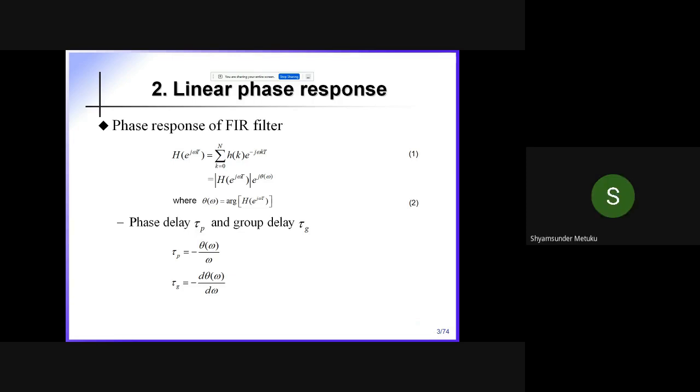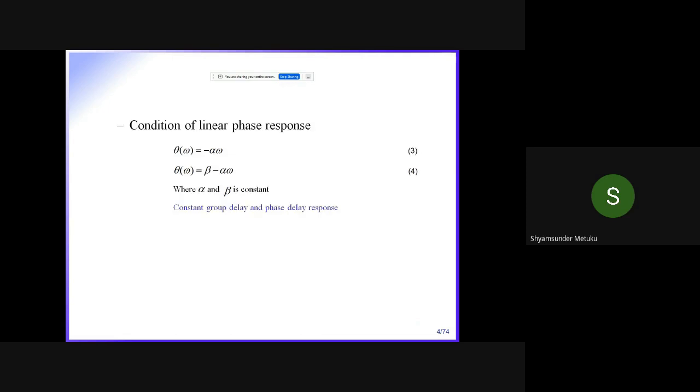So if you have real and imaginary parts in equation 1, can't you write an expression for the angle of H of e power j omega T? On the right-hand side you have imaginary and real, and we already know the expression for the phase: tan inverse of imaginary by real, right or not? That is what is written here.